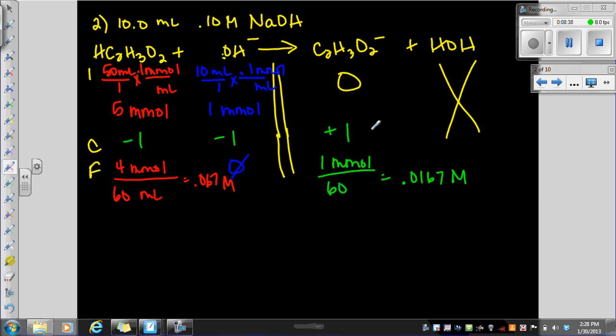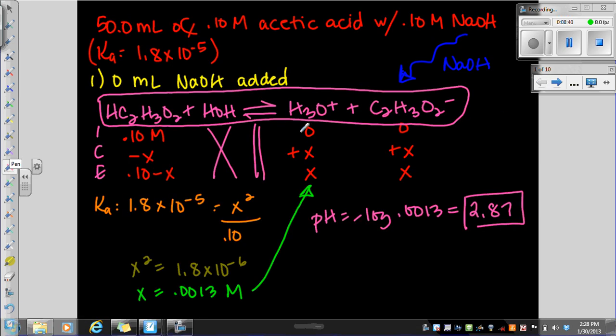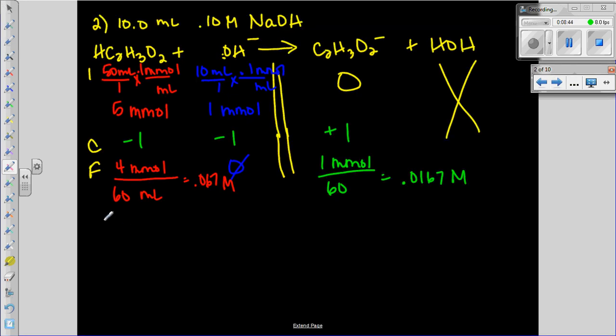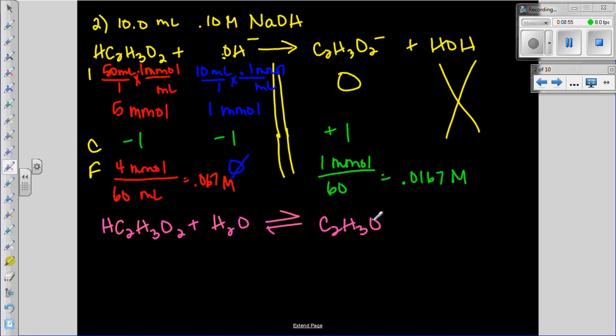Now what I want to do is go back to this initial equilibrium. So I write my acetic acid plus water in equilibrium with acetate ion and hydronium ion, that's my initial reaction. I would set up an ICE chart because it's stoichiometry first, equilibrium second, getting rid of my water.